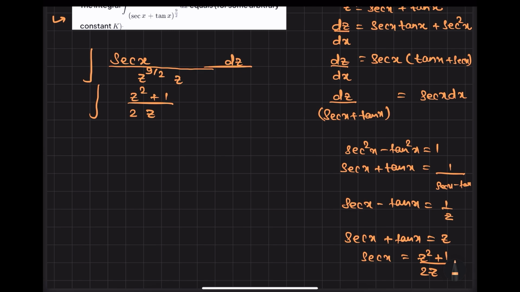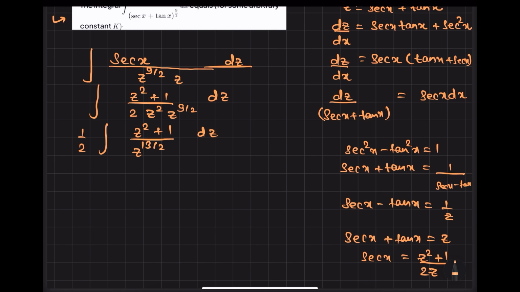I have replaced sec x. Now we have z to the power 9/2, and z will become z square, dz. Now take this 1 by 2 common. It's a constant now. So (z square + 1) upon z power 13/2.